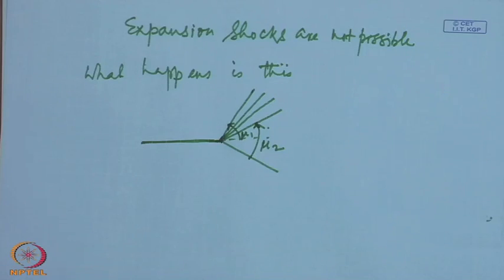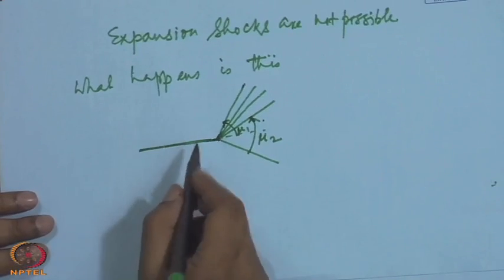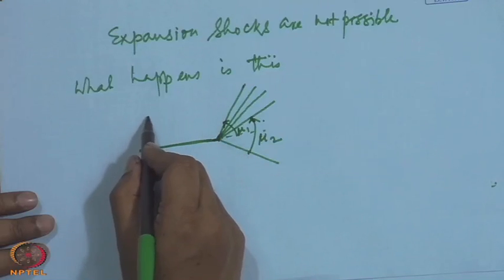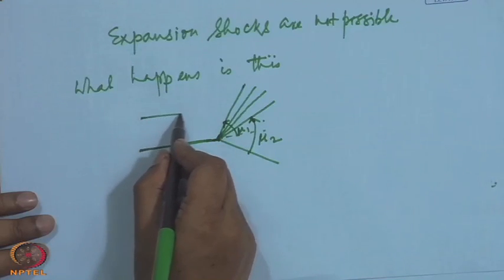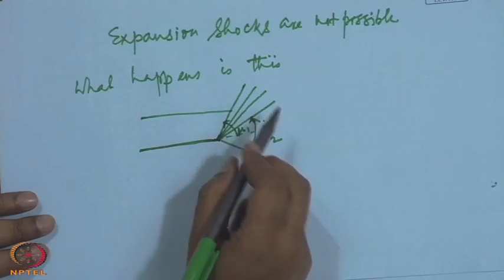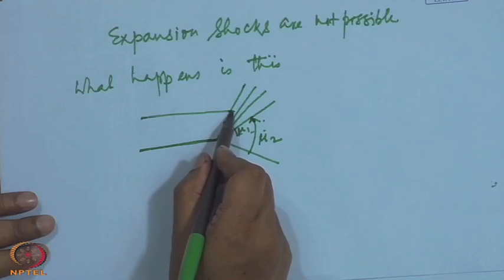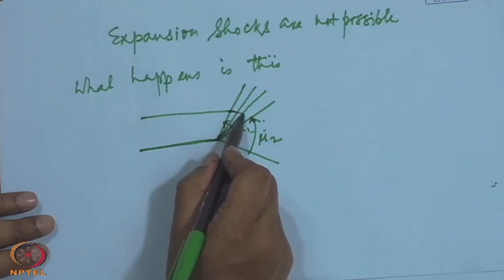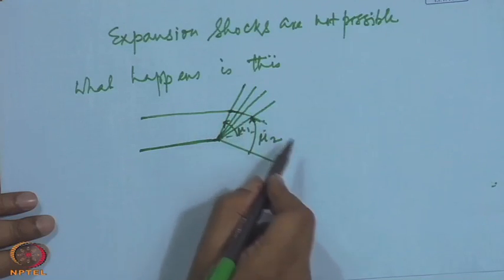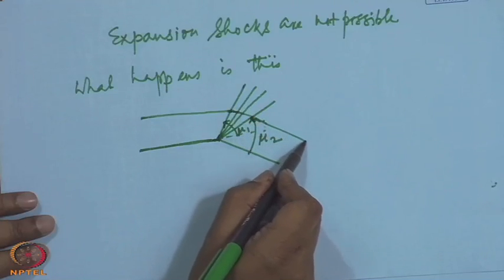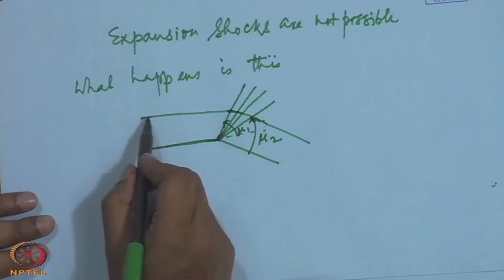And as you have seen, through the expansion fan the flow turns through each of these characteristics, but smoothly to become parallel to the downstream wall.